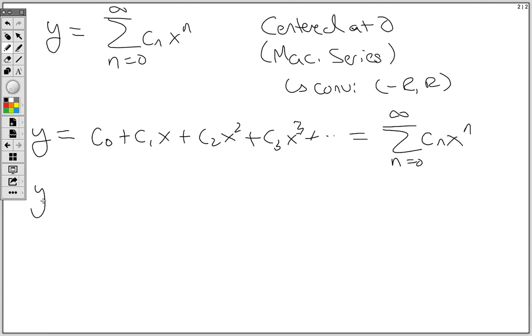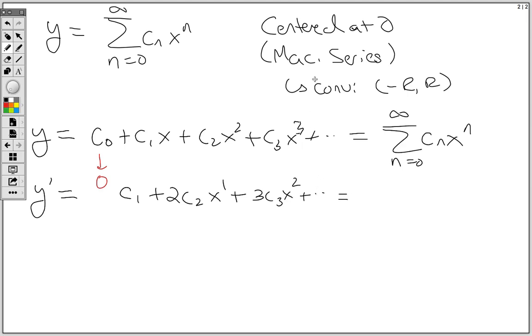So when I take derivatives of this, what happens? Well, that's going to fall away, and I'm going to have a c1 times derivative of x plus 2c2 x to the first plus c3 x squared.